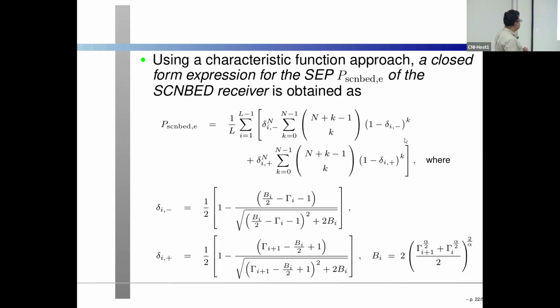They are all simple expressions, but the derivation is not that straightforward. The derivation uses a characteristic function approach of the decision variables, which is different from the CDF approach in the first case. This is in closed form completely.